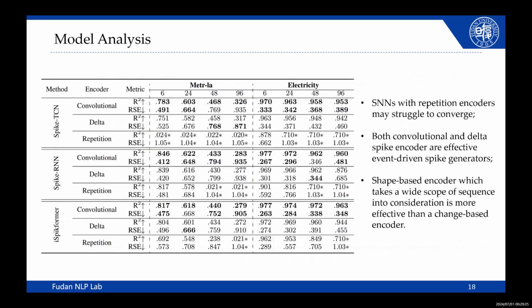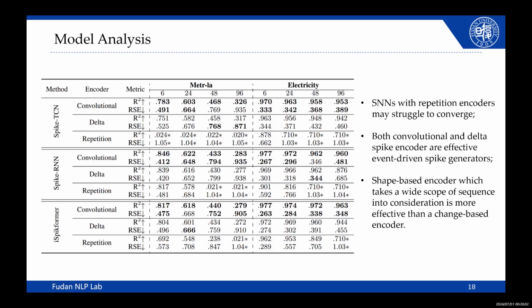Firstly, to show our proposed spike encoders are effective, we do an ablation study on spike encoders. As shown in this table, we find that SNNs with repetition encoders may struggle to converge. You can see the repetition encoders leave many unconverged when training.